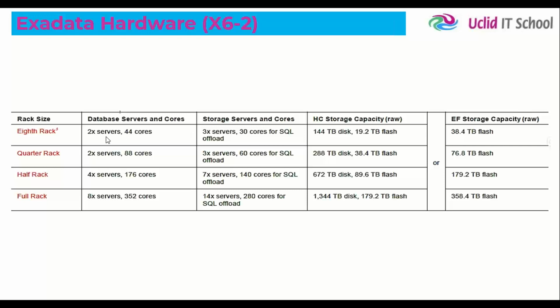So you will have 44 database cores, 30 cores on the storage server, and the high capacity storage and extreme flash storage. Similarly, if you take a full rack, you will have 8 database servers with a total of 352 cores on the database server layer and 14 storage servers with 280 CPU cores in the storage layer.